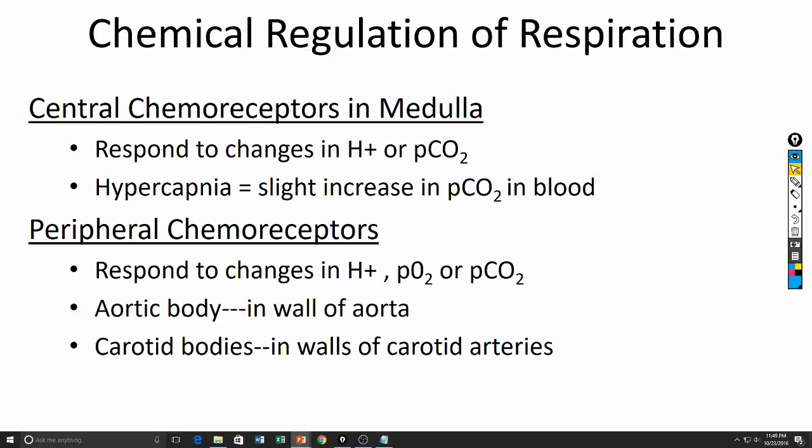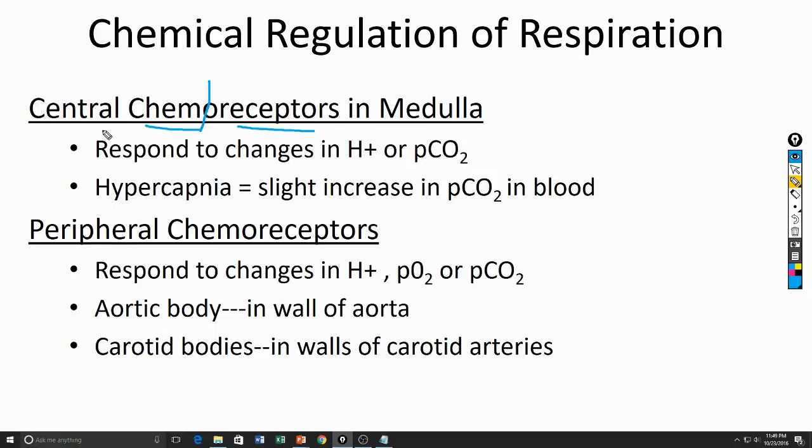Now, those things are picked up by chemoreceptors. If you want to think about this, think like chem, like chemistry, chemical receptors. So we have central and we have peripheral.